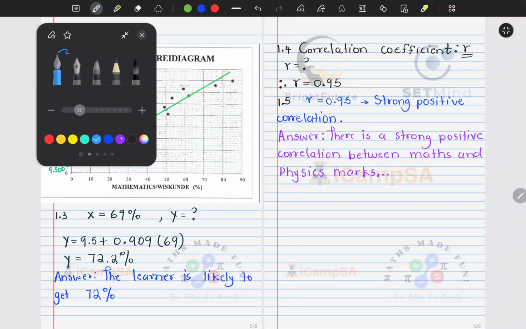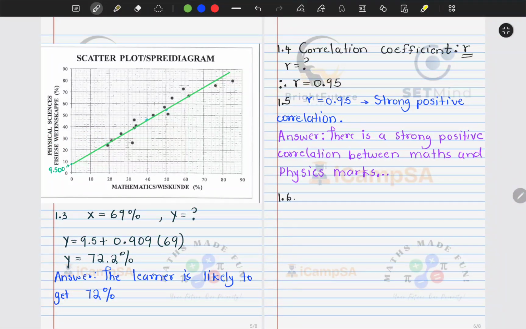So we can go ahead and say 1.6. What we can say is that learners score higher in physical sciences than in mathematics, in maths. What this means is if a learner is passing mathematics well, they are going to get higher marks in physical sciences.